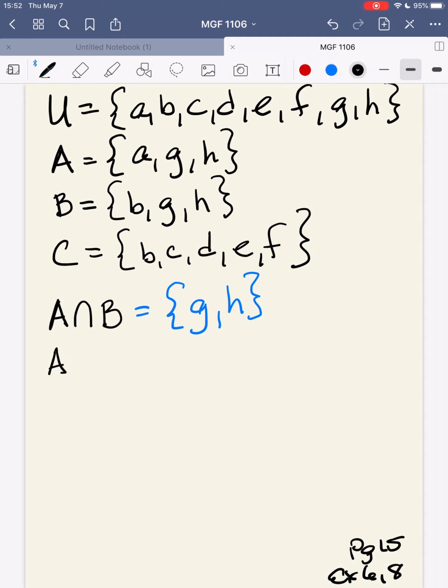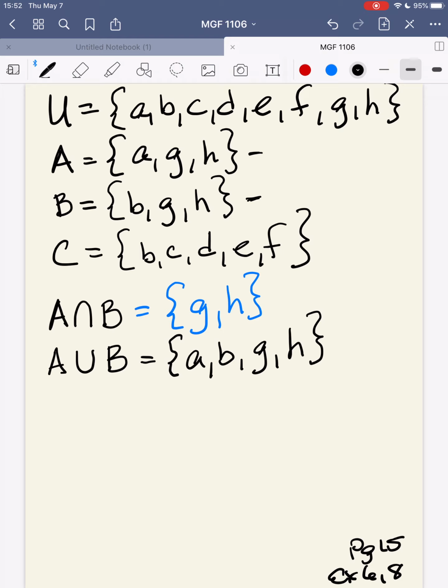If I want A union B, or A or B, right, this means I want to put my two sets together. So I need all the elements from here and all the elements from here. So I'm going to have A, B, G, and H. They could be in A or in B or both. Okay, so I'm including all those.